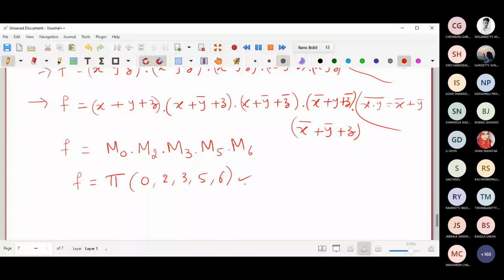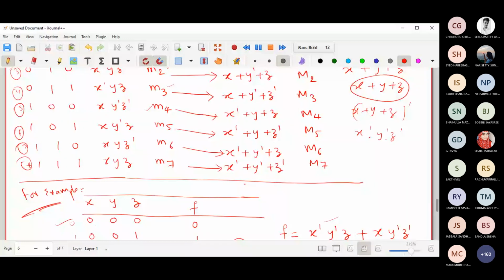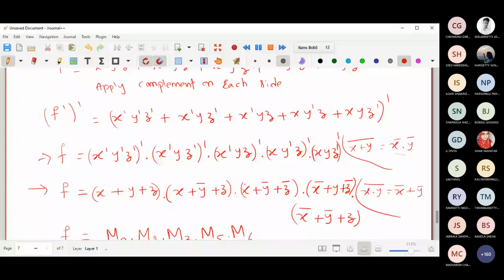Sorry, sum of min terms first, and then product of max terms. So this is the thing you have to do.